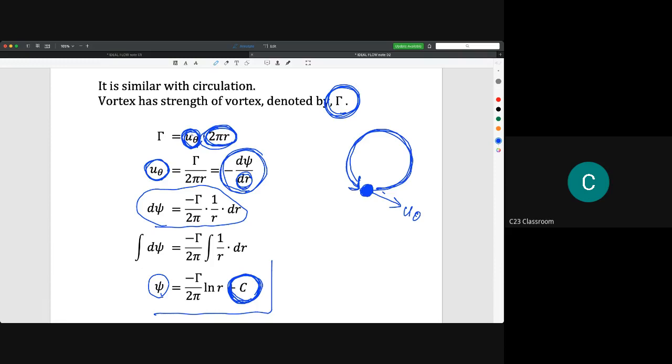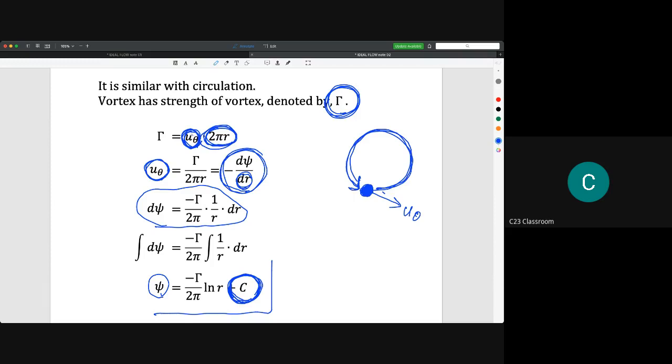However, in certain textbooks, they will put a negative in u theta here. So it depends on you. Both methods will give you the same answer actually.